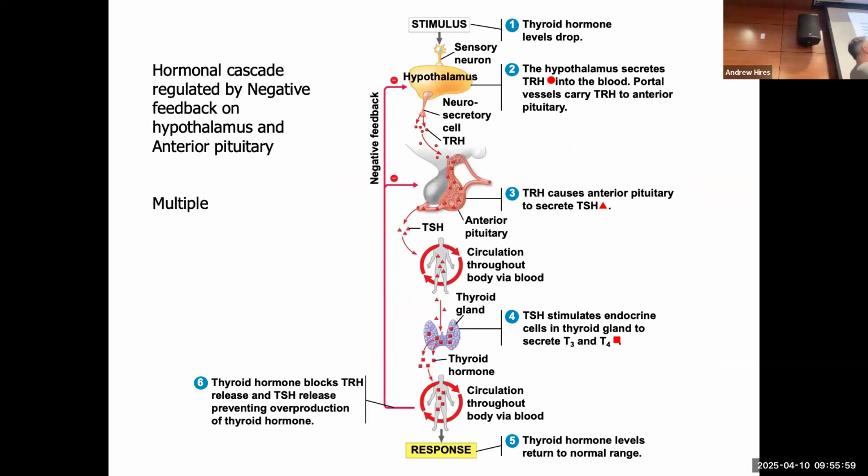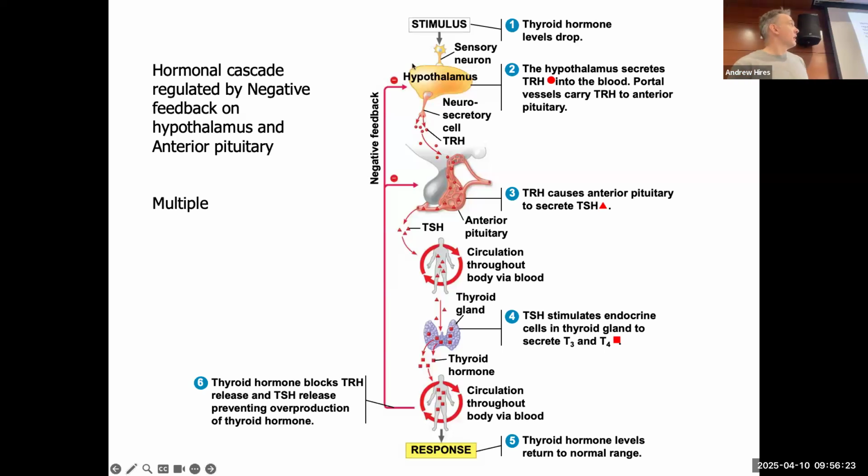Okay, so we mentioned that thyroid hormone is under control of this cascade of hormones. We've got some sort of stimulus. Maybe the stimulus is the level of thyroid hormones in our body that are circulating around.